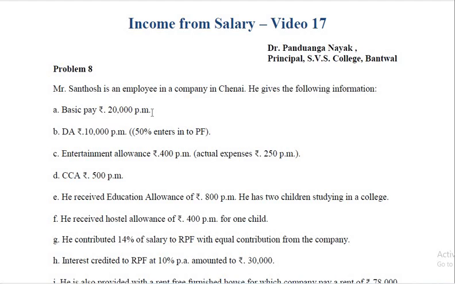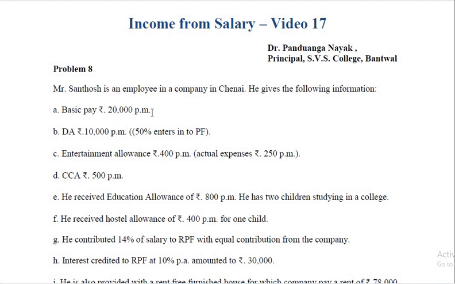Entertainment allowance 400 per month is fully taxable, and you have to simply ignore the actual expenses. Whatever may be the expenses incurred, that should be ignored. But if he is a government employee, then deduction is available under section 16.